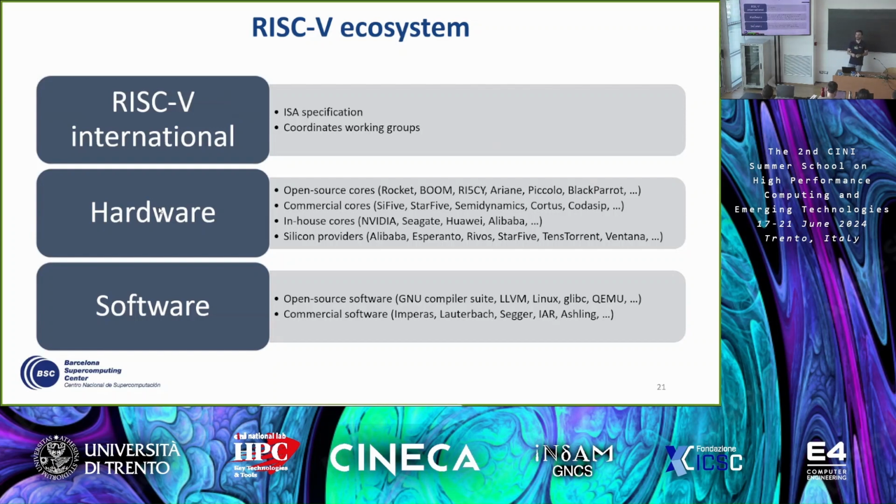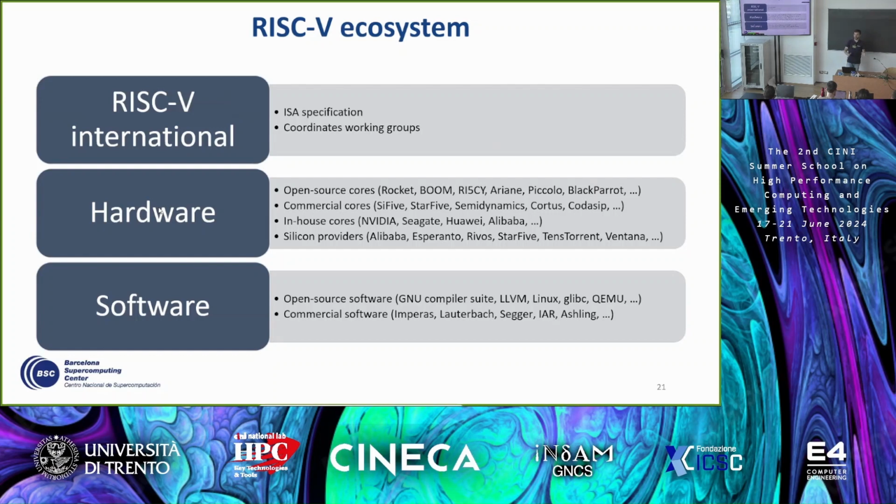It looks like a technological government, right? Instead of talking about law, they talk about instructions and bits, but basically it's about connecting people and defining the standard, the laws that guide RISC-V development.